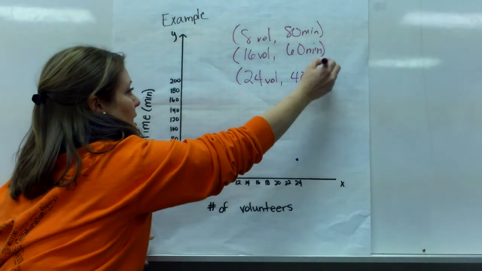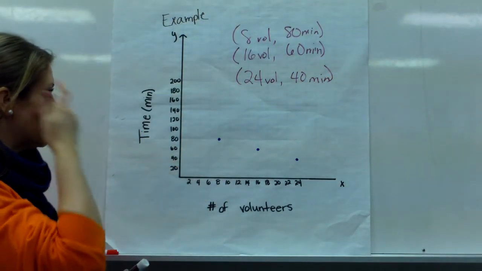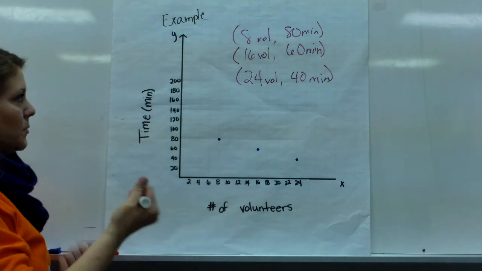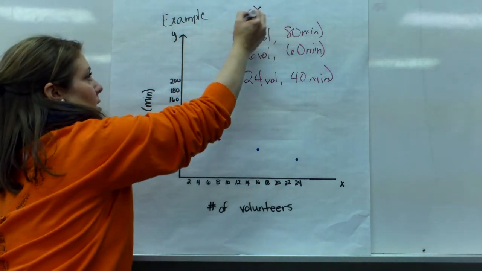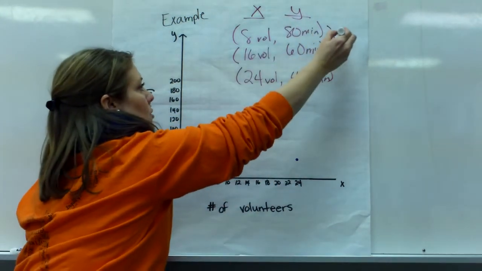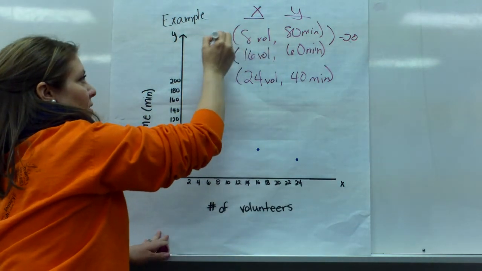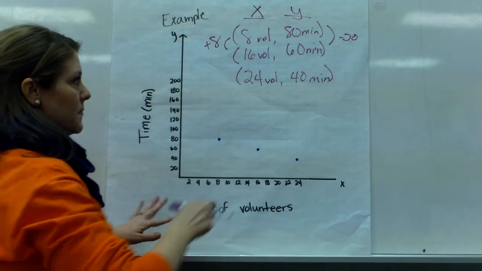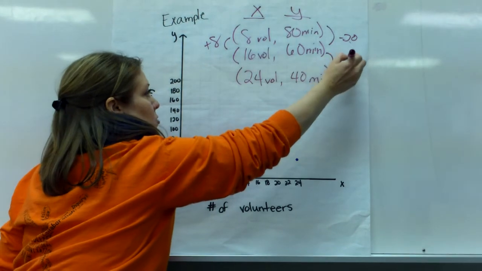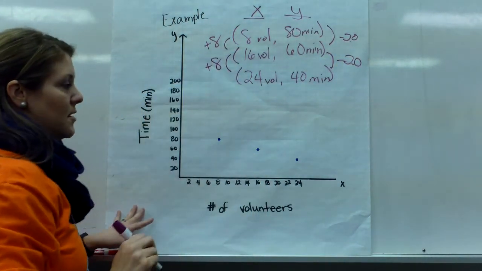Let's check to see if this represents a constant rate of change or a linear relationship. Let's look at the change in Y's. Remember, volunteers are your X's, time is your Y. We're going down 20 minutes for every 8 volunteers that are added. We're going down 20 minutes for every 8 volunteers that are added.